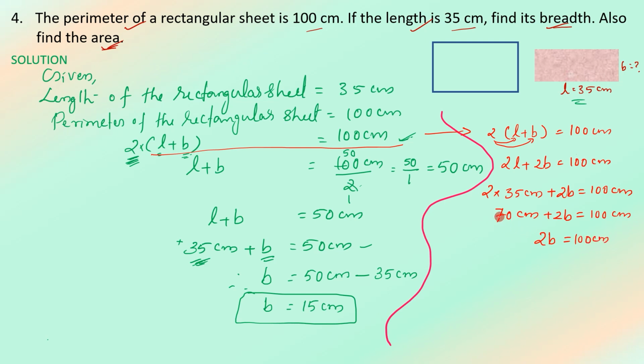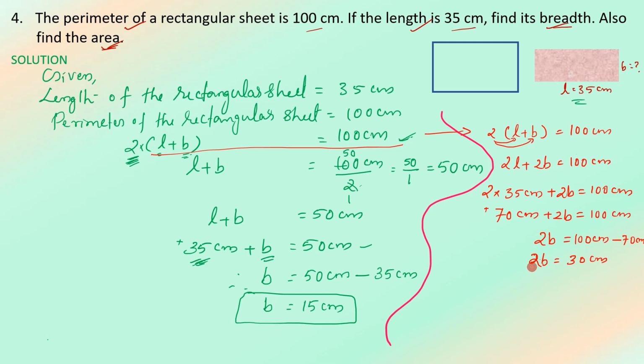Then what about the sign of 70? It is plus only, so it will be minus on the other side. So 2B equals 100 centimeter minus 70 centimeter, which is 30 centimeter.